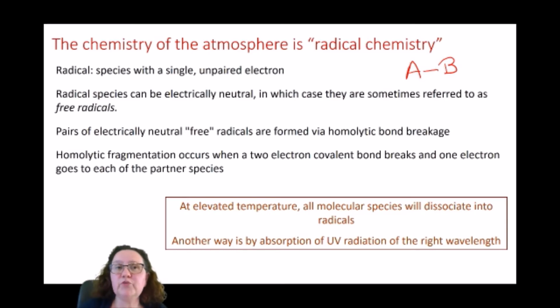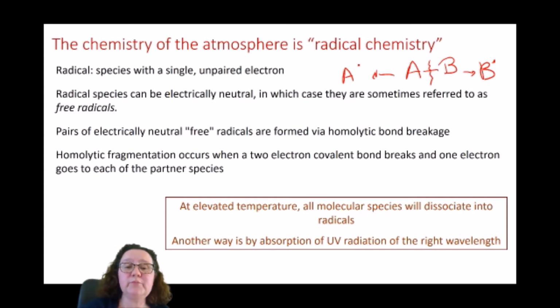Typically, one of the atoms will take away the electrons, but when you have a homolytic fragmentation, it means the bond breaks down the middle, and you form each of the species, A and B, the two elements that were making part of the bond, but separately, and each of them walks away with one of the electrons from that bond.